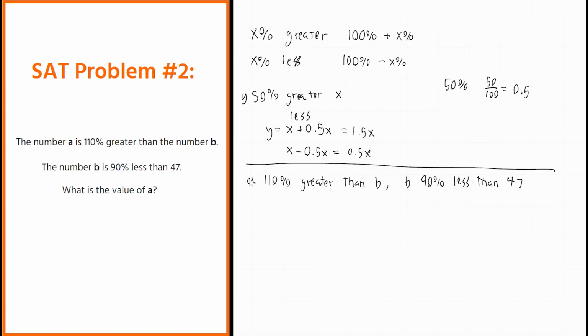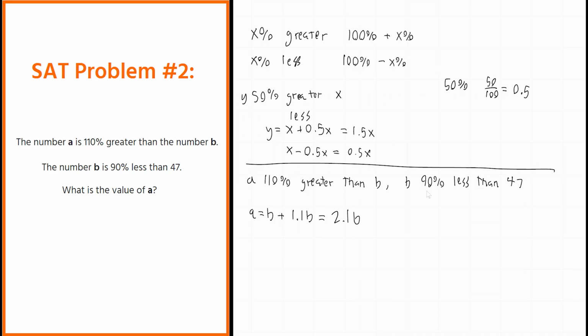So if A is 110% greater than B, that means A is equal to the full value of B plus an additional 110% of B, or in other words, 1.1B, meaning that A is equal to 2.1B.